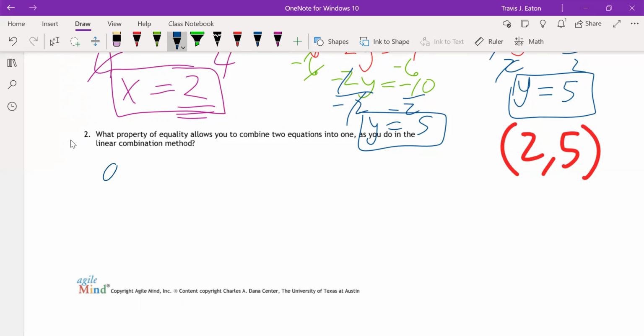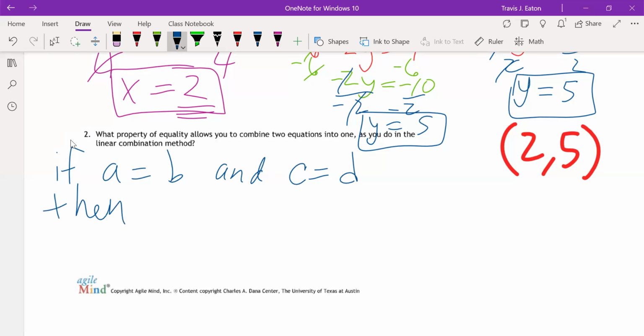It goes like this. If A equals B and C equals D, then A plus C will be equal to B plus D. Now that's kind of a weird deal, but this was our first equation where we had the stuff that was added on this side equaling this amount, and that was the 12.